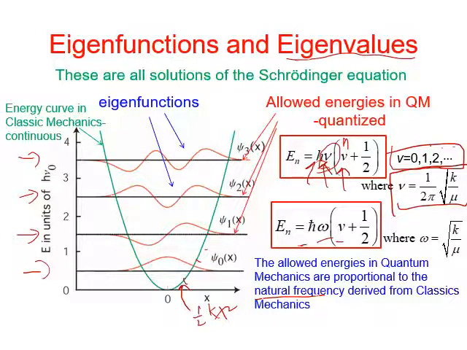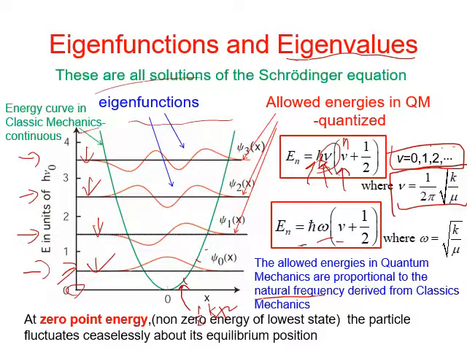However, in quantum mechanics, the allowed energy can only be here, the lowest energy, and then the one above it, and then another one, the third one, and then the fourth one, and these go up. So you only have certain allowed energies, and the lowest energy here is not 0. That's very different from classical mechanics. This is called zero-point energy, which says the particle has the lowest, non-zero energy.